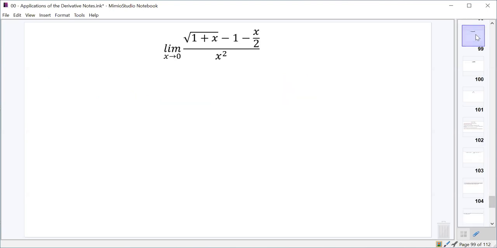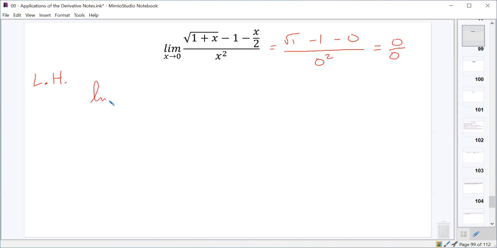We'll do a few more here. This one, when we plug in 0, looks like we get the square root of 1 minus 0 over 0 squared, which is all just 0 over 0. So we'll go in and we'll use L'Hopital's rule, and we'll take our derivative.